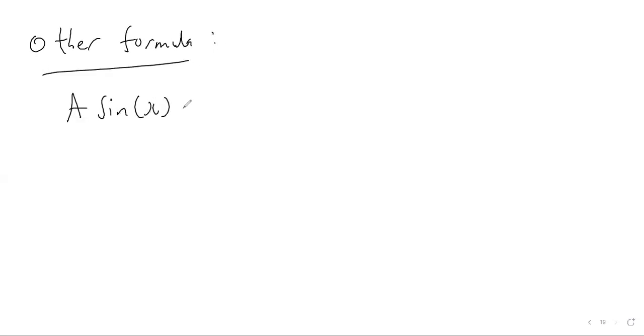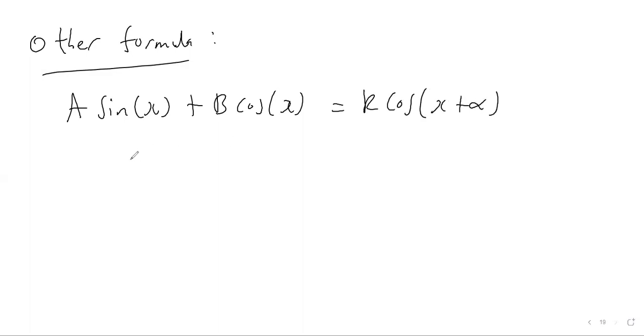And also, if you wanted to use the other formula that we looked at yesterday, the other formula was this one. So I'll just write this here. Other formula using cos instead. So if you've got a sine x plus b cos x, and that's equal to R cos of x plus alpha this time instead, then the formula was this.